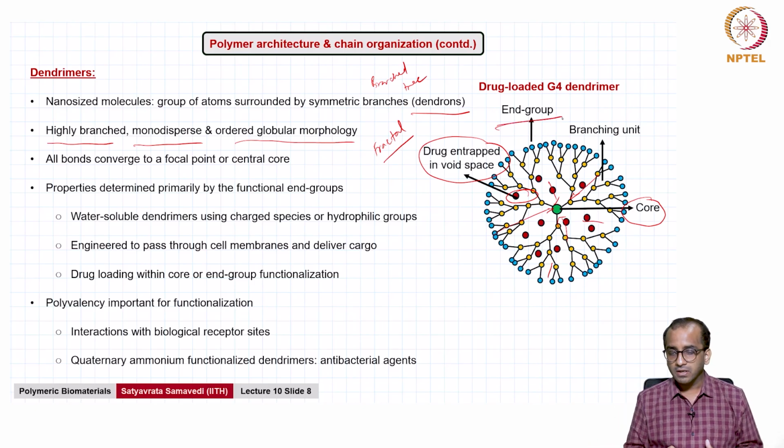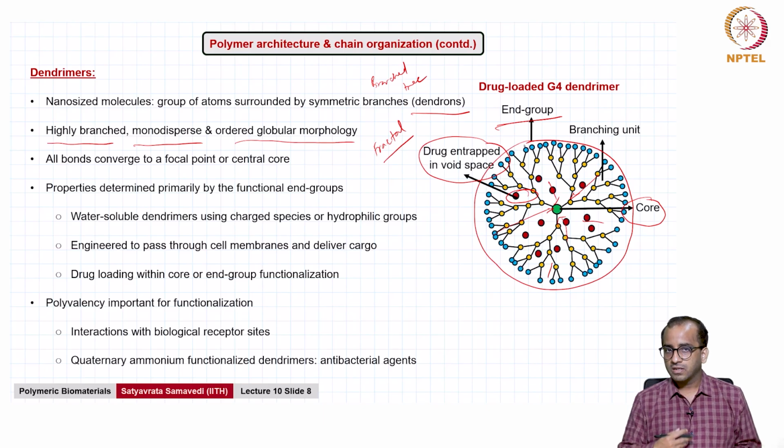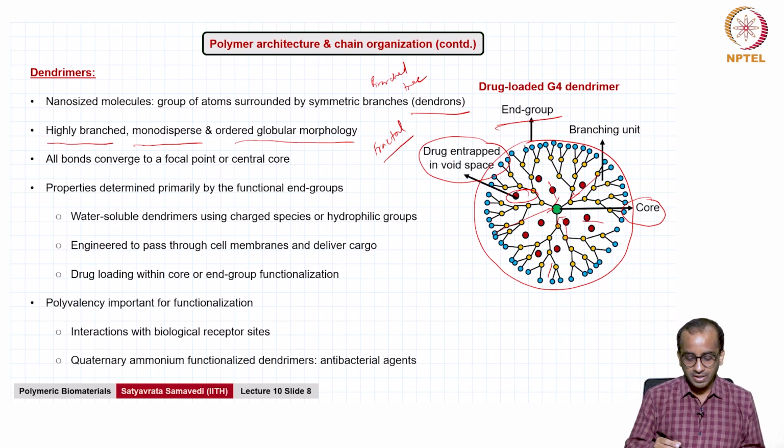So as an example, you can have functionalities that are polar at the very ends in the outer edge, thus having hydrophilic groups, for example, can make this entire thing now water soluble.